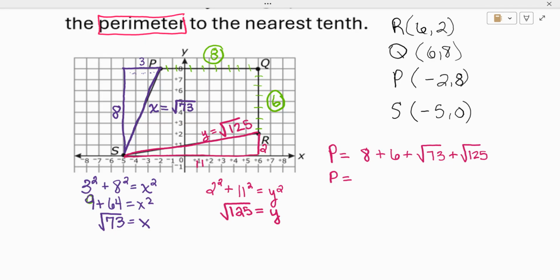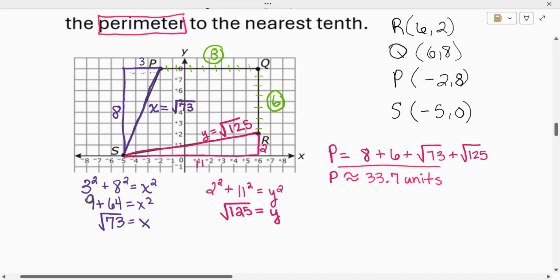So these are square roots. Do you see that? You have to turn that 73 and that 125 into a square root. What did you get? That is what I got. So I'm going to turn this equal into a little squiggly because we're rounding, it's about 33.7 units.